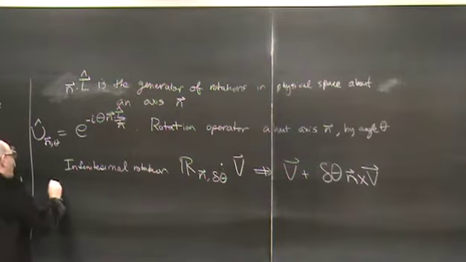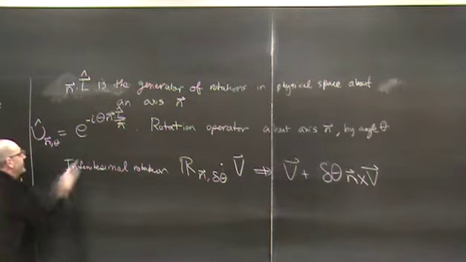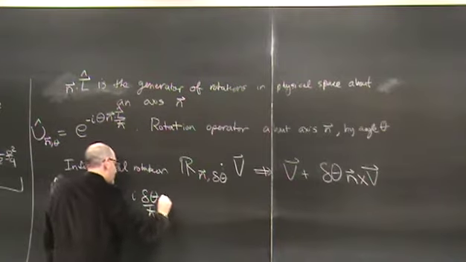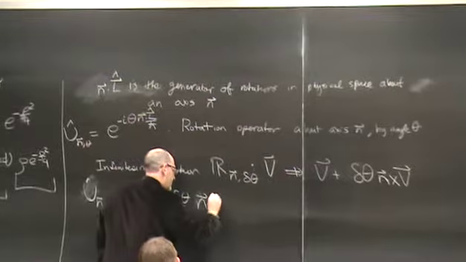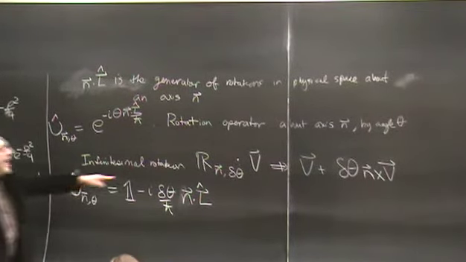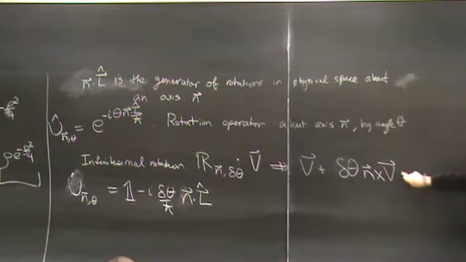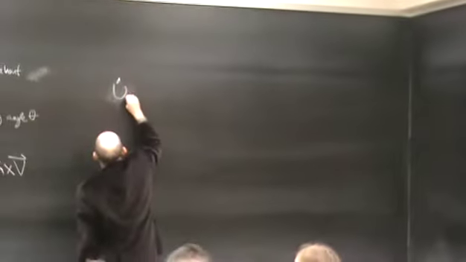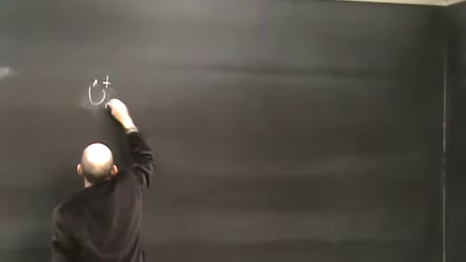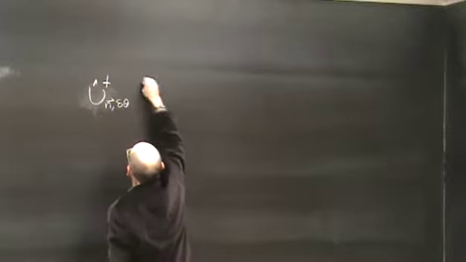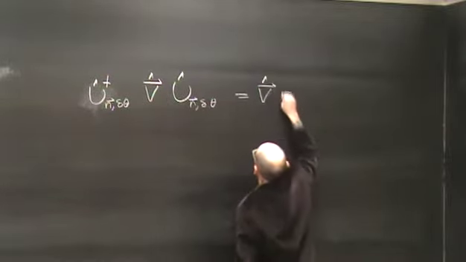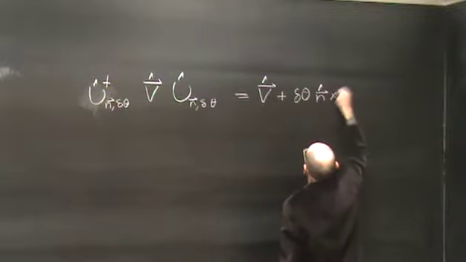From that geometry, what that says is that if I look at a near identity unitary, something which is a small amount, using the demand that this infinitesimal unitary achieve this, by insisting that this unitary transformation on a vector operator is the vector plus delta theta n cross v.